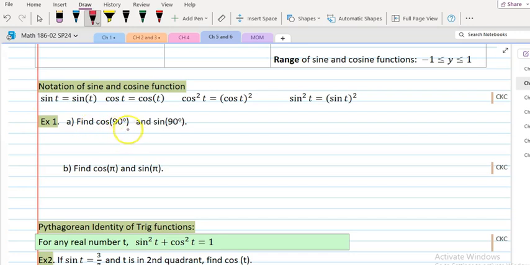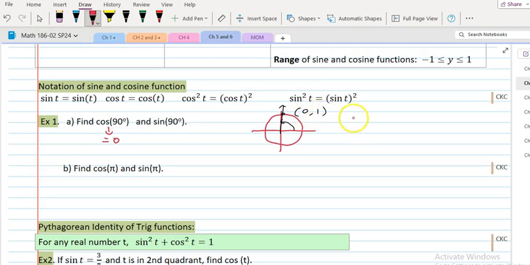So, let's see how this works. I want to find cosine 90 degrees. Remember, we can't do this with the right triangle. We have to use our definition. So I'll draw the picture of the unit circle, and then I'll draw my angle of 90 degrees, starting from here. This is the terminal side. It cuts the unit circle at (0, 1). Cosine 90 degrees would be the x-coordinate, which is equal to 0.